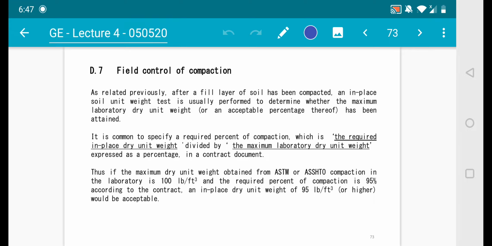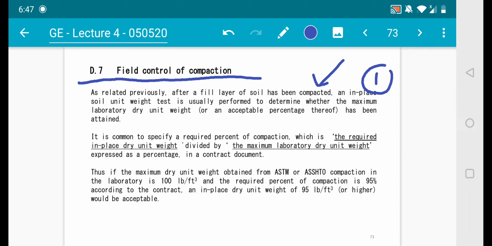Now let's move on to subtopic D7 on field control of compaction. How do you actually know whether the compaction at site is sufficient, or has reached its performance? As related previously, after a field layer of soil has been compacted, an in-place soil unit weight test is usually performed to determine whether the maximum laboratory dry unit weight has been attained.